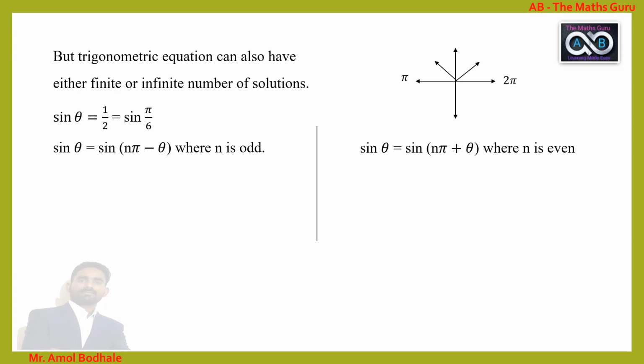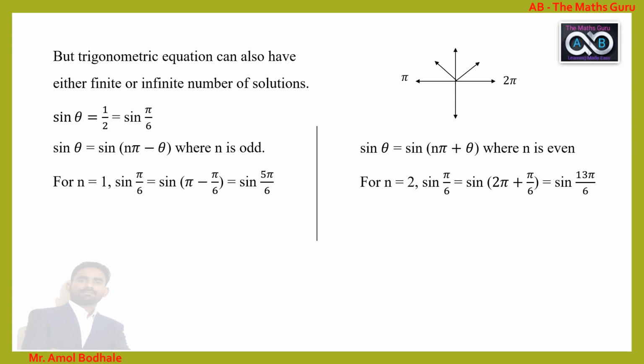So using periodicity we can say these statements. Now when n is 1, sin pi by 6 can be written as sin of pi minus pi by 6, that is equal to sin of 5 pi by 6.